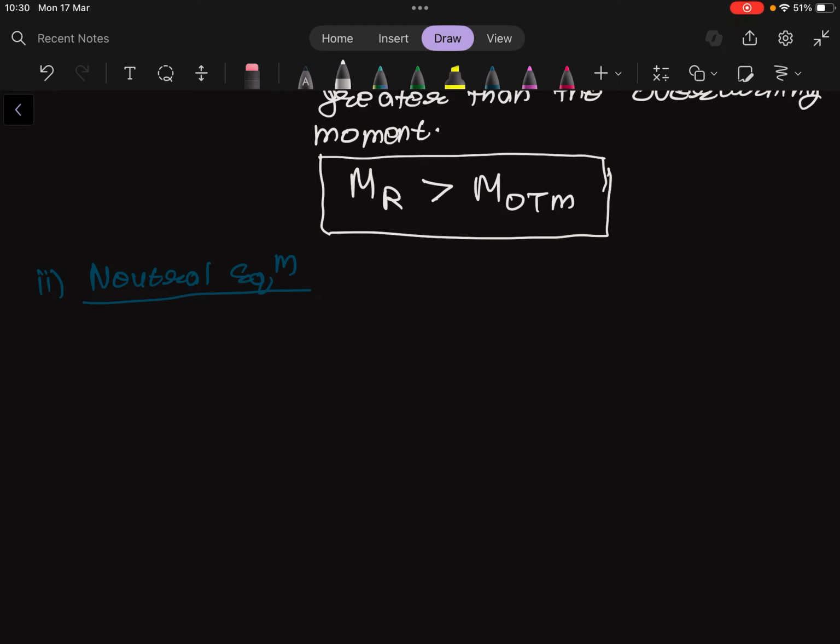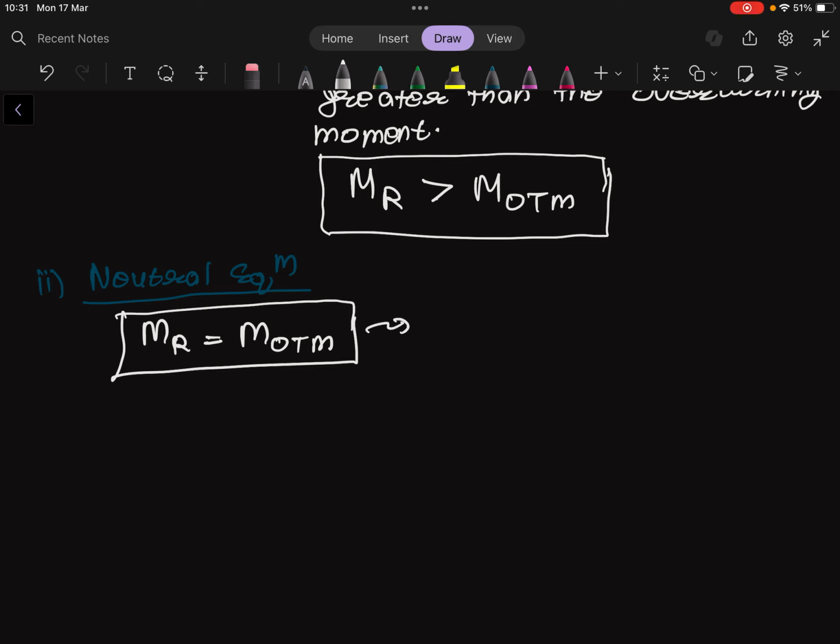So we can say when the restoring moment is equal to the overturning moment, our column is in neutral equilibrium. So this condition is called the critical stage condition.